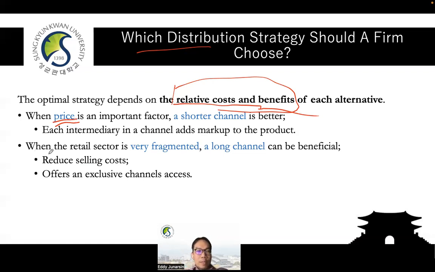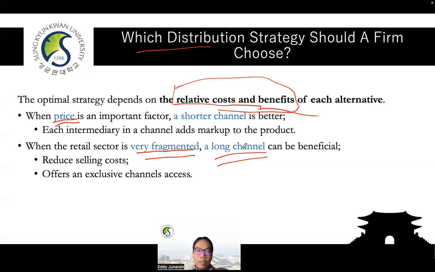But if the retail sector is fragmented, especially in developing countries, there are many retailers. A longer channel might be preferred because we could diversify away the risk.